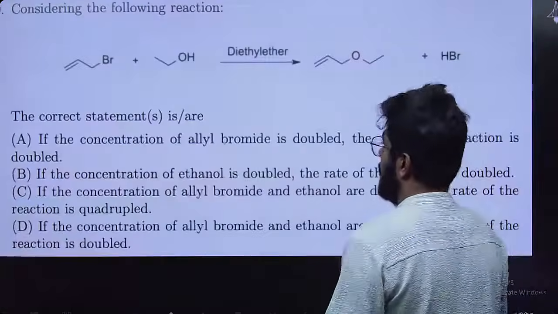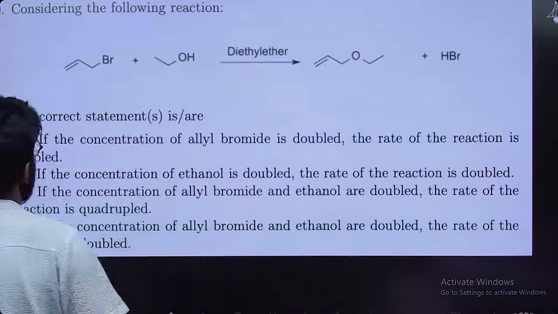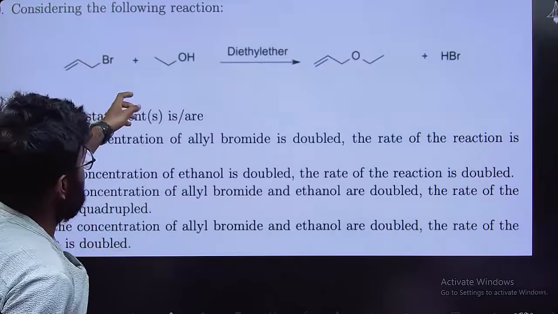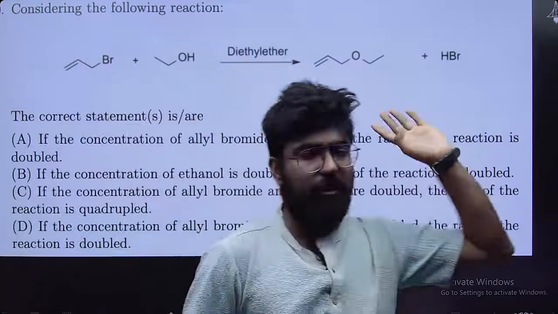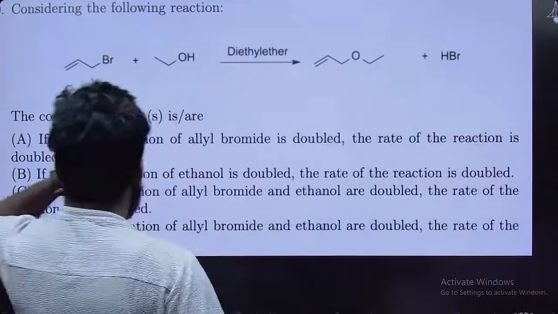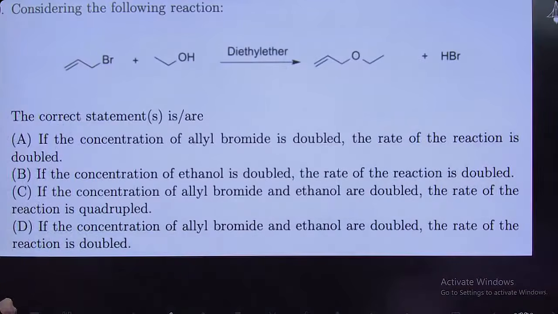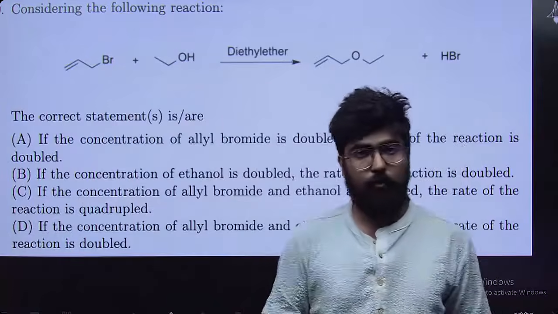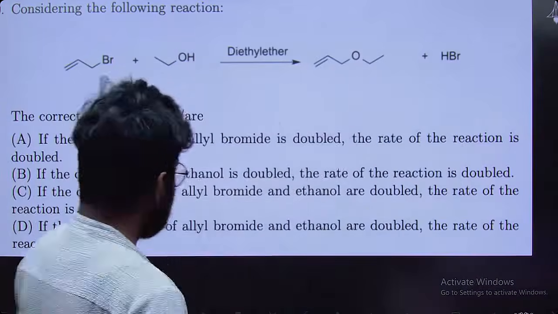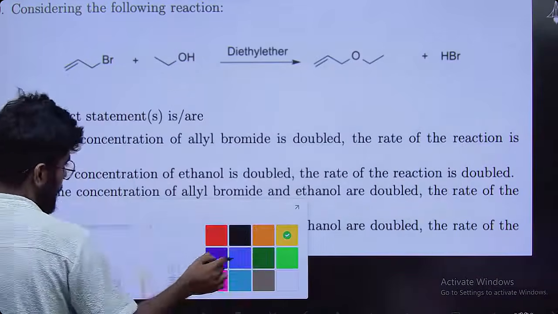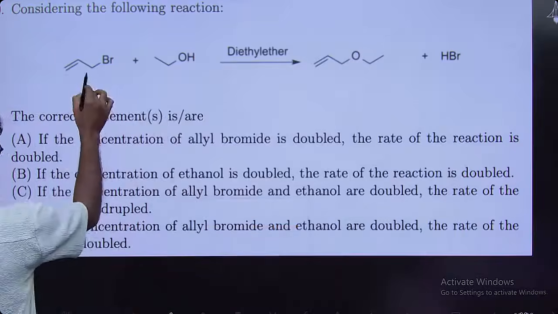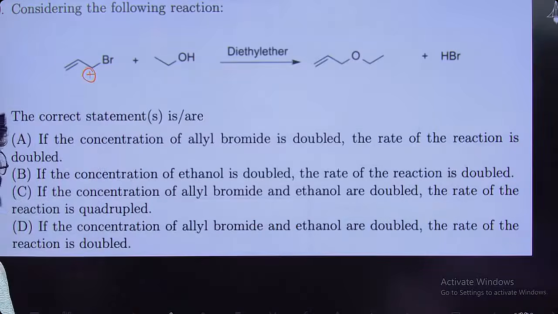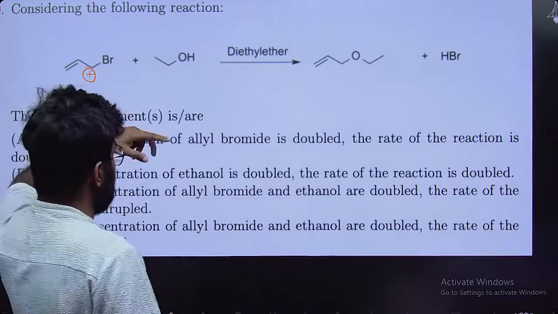Now moving to the last question, if you remember, this is nothing but Williamson ether synthesis, and we know that although the Williamson ether synthesis follows predominantly SN2, technically the formation of a carbocation is feasible because of the presence of a polar solvent.